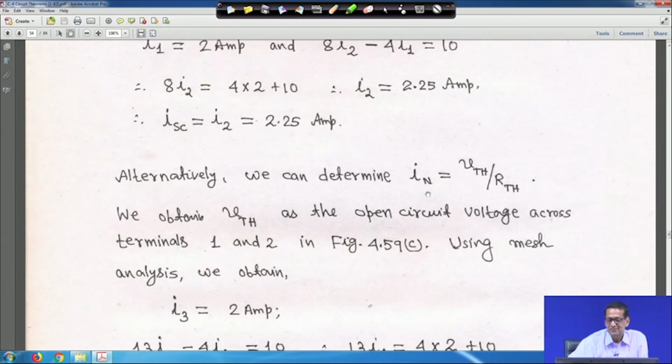Alternatively, we can determine I N is equal to V Thevenin by R Thevenin, same thing, right, because of source transformation. I told you from Thevenin Norton transformation. So, I N is equal to V Thevenin by R Thevenin.